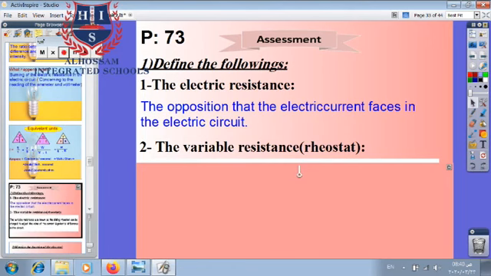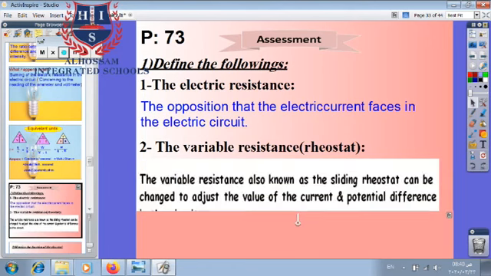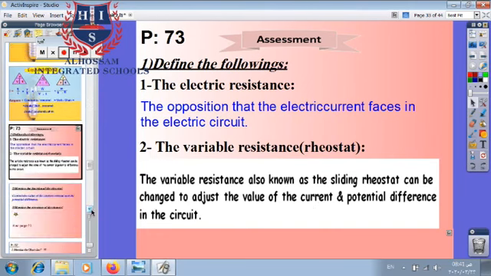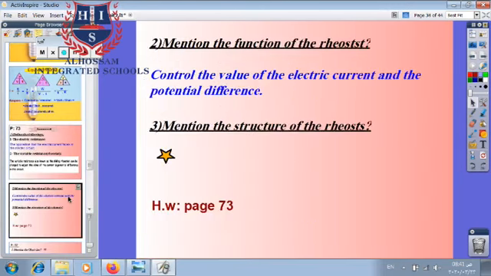And now let's solve the assessment. Open your worksheet page 73. The first question is, define the following. Number 1, the electric resistance. Do you remember? What's meant by the electric resistance? Yes, the opposition that the electric current faces in the electric circuit.